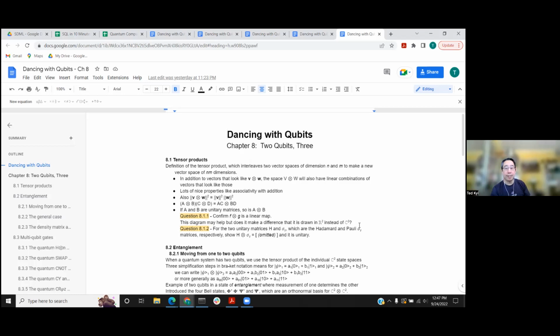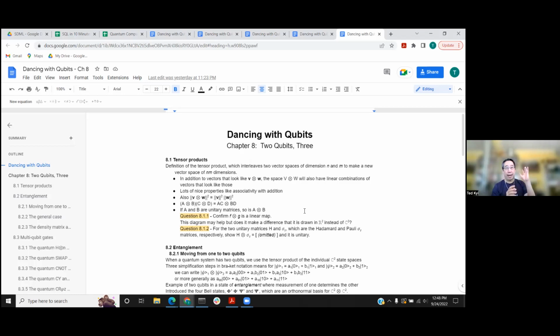All right, so that's the basics. I definitely didn't explain everything. I hope people had a chance to read the book, but that's the basics of how our vector space is going to grow when we add qubits, and how we're going to use the tensor product on individual states.